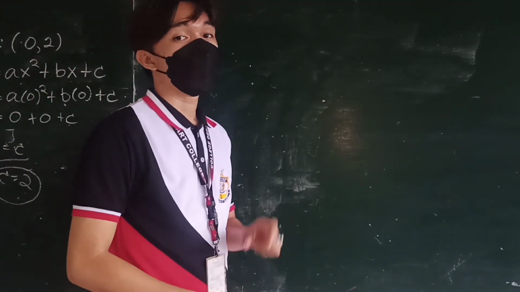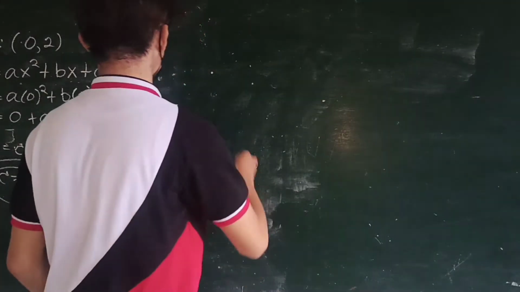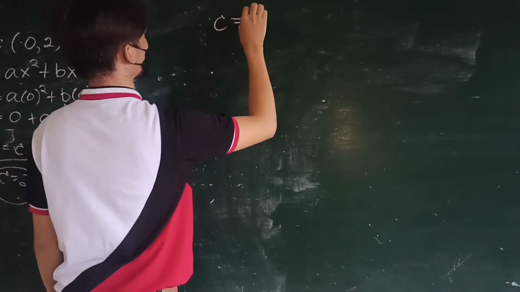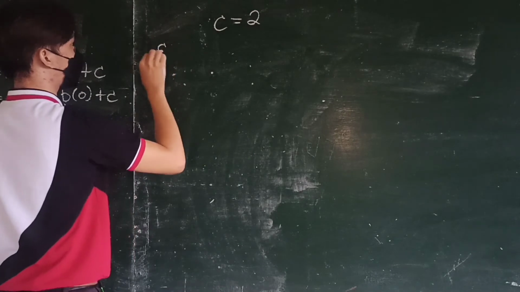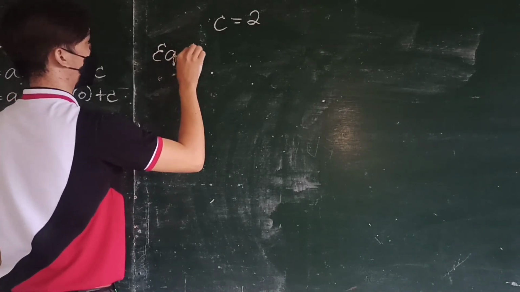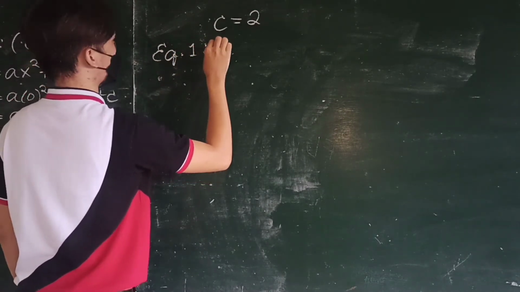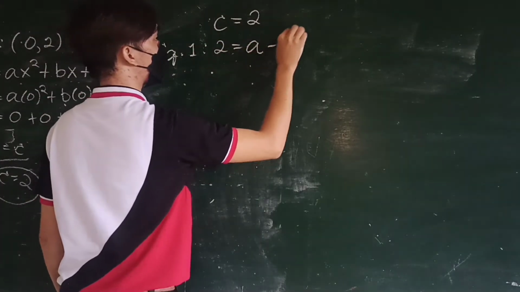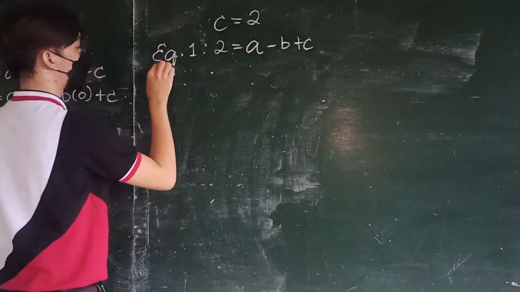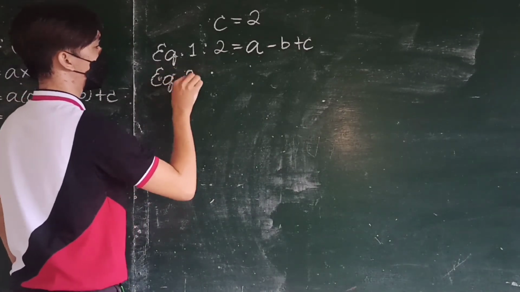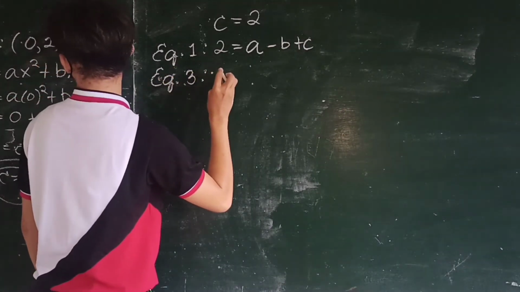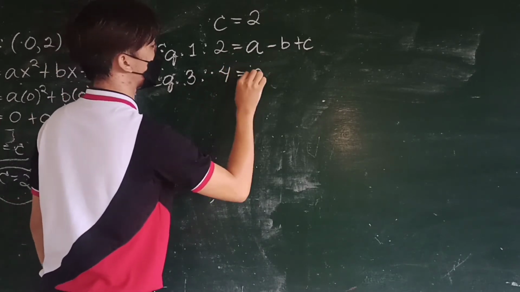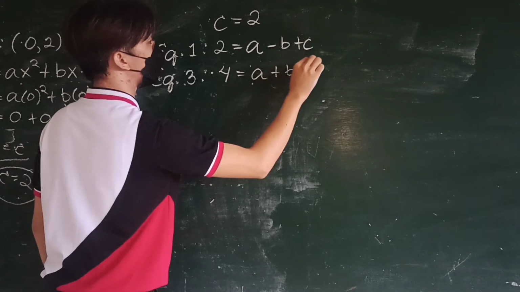Now, using equations 1 and 3, let's find the value of b. So we have c, which is equal to 2. Equation 1, we have 2 equals a minus b plus c. Equation 3, we have 4 equals a plus b plus c.